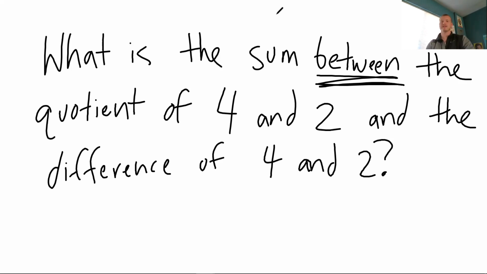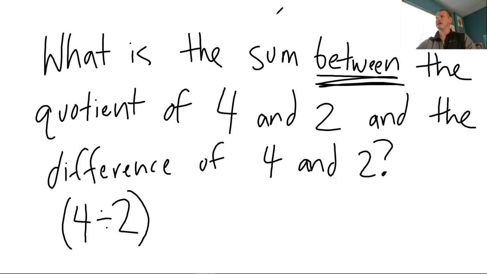So first off, Grace, let's write this in a number sentence. How would I do that? Exactly, yeah. So when I'm writing it out in a number sentence, one thing I like to do is put them all in parentheses.